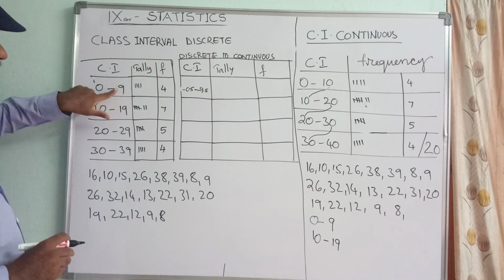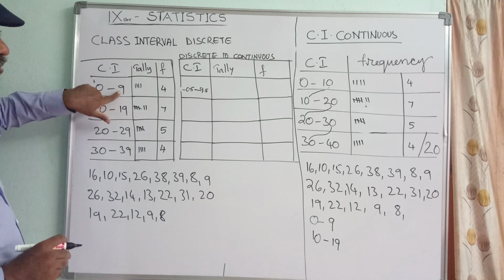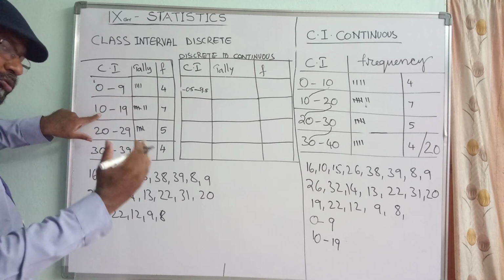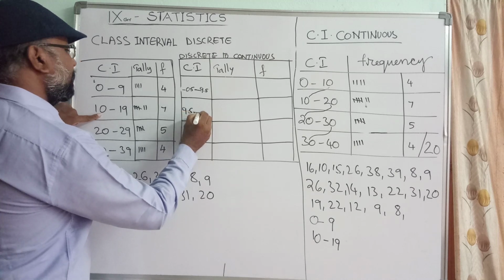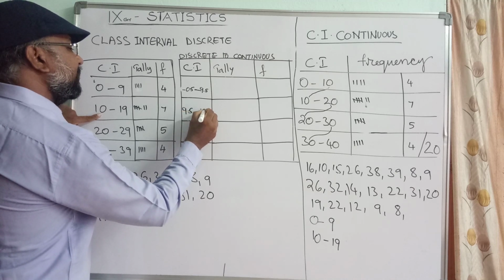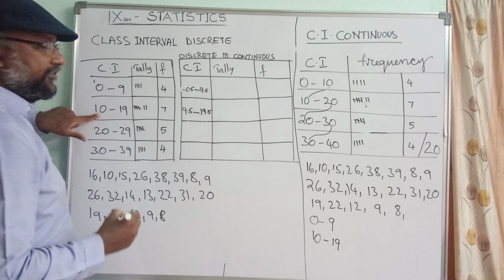Then 9 becomes 9.5. Now 10 should be decreased to 9.5, and 19 should be increased to 19.5. Clear?